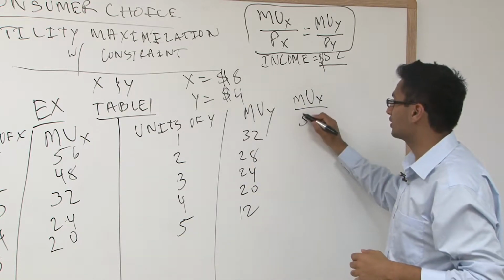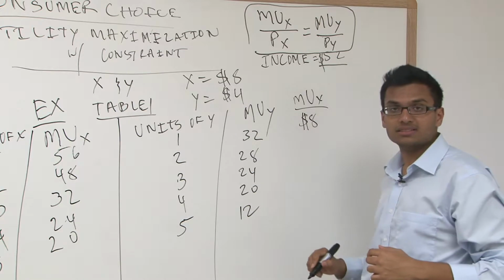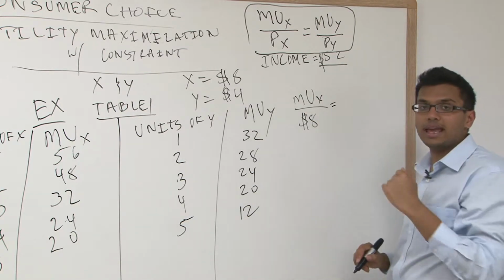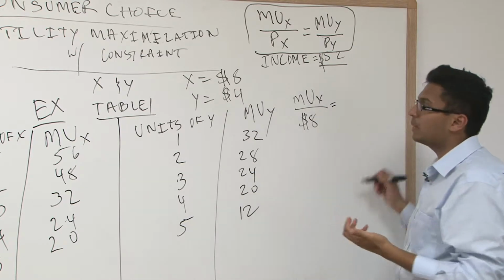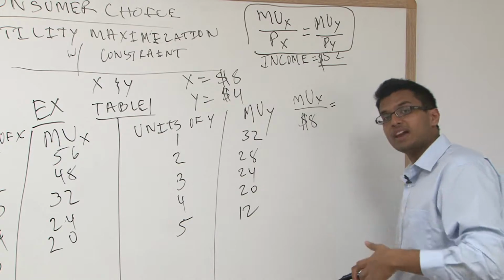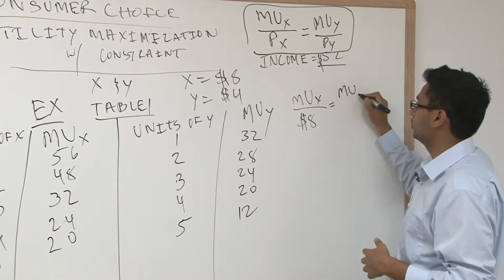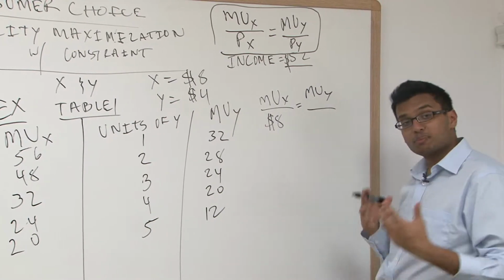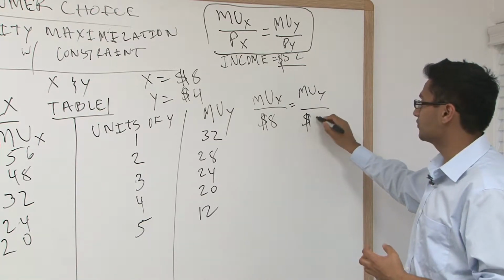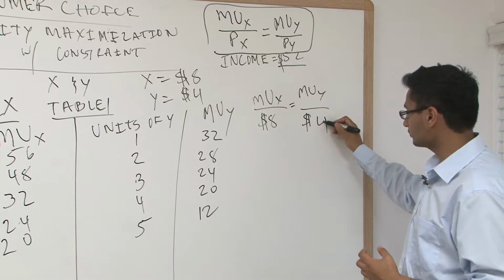So the cost of X is $8. For MUY, we don't know what it is, since it's different for each unit, so we'll leave that alone. But the price stays constant at $4. So MUY over $4.